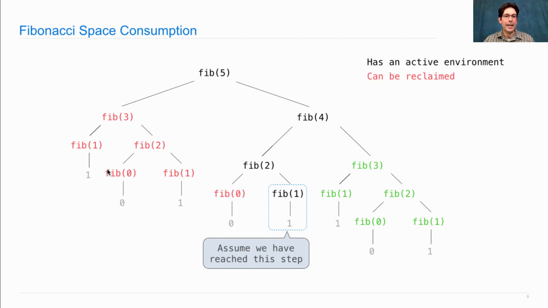The ones over on the left have already been called and returned, so any memory used by these frames can be reclaimed. And then over here, these haven't been called yet, and so we don't need to worry about that. So the maximum count of frames open is the longest chain you can find in this tree, which in this case goes from fib5 to 4 to 3 to 2 to 1, is length 5.